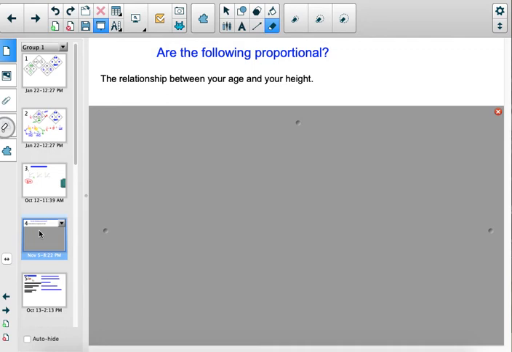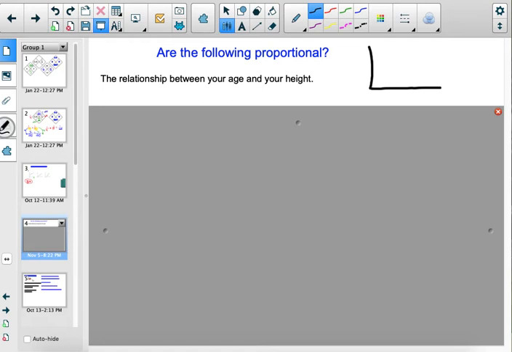Because once you get past a certain age, you start shrinking. So if we have a graph, when you're born, are you starting at 0, 0 in your height? No, you've got to start with some type. I think my daughter was 20 some inches.